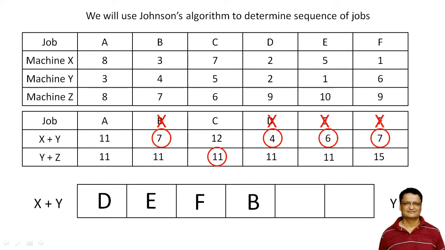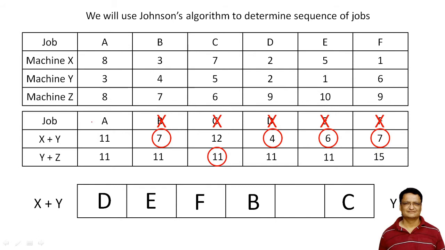There is a tie between this 11 and this 11, so you can consider the one for which the other value is greatest. So I go for C. This 11 value is related to job C and to this row, so I put C in the right hand corner and cross out job C again.